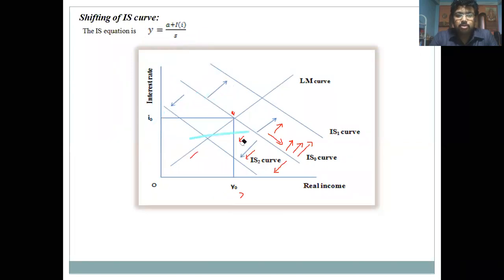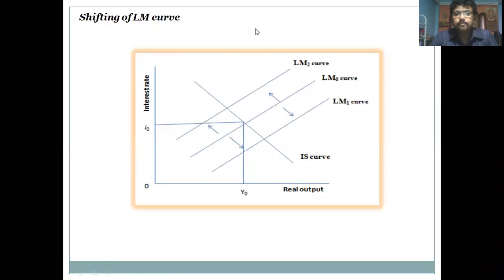Now I am erasing all this marking. Look, this figure represents the shifting of the LM curve.